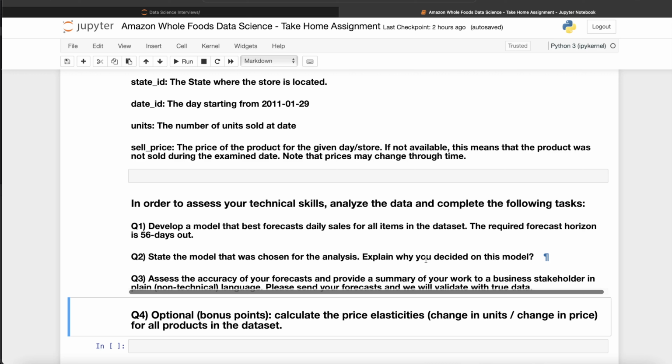Since you need to provide a summary of your work to a business stakeholder in non-technical language, obviously when you talk to them, they are going to ask questions like, how did you arrive at this? And if you say, okay, my model predicted that, that is not a good answer. You need to make them understand how and why your model is working the way it is, right?